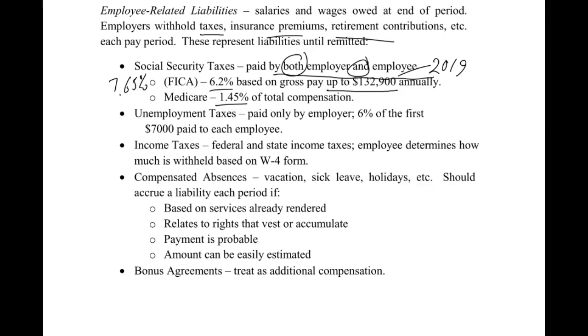So make sure you walk through and understand that, because depending on how in depth your teacher goes into it, if they ask a question where you really have to calculate that and figure out how much is over 132.9, you need to be able to keep that straight. So everything up to 132.9 is 7.65%. Everything over 132.9 is 1.45%. So that might be the easier way to think about it.